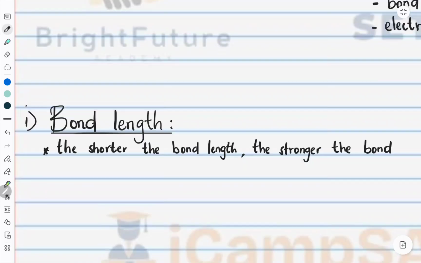For instance, if we are comparing similar molecules, the one with a shorter bond length will have a stronger bond compared to the one with a longer bond length. Let's say molecule A has a bond length of 50 picometers, and molecule B has a bond length of 30 picometers. The one with 30 picometers will have a stronger bond. So the shorter the bond length, the stronger the bond.